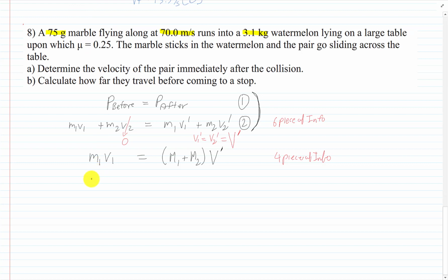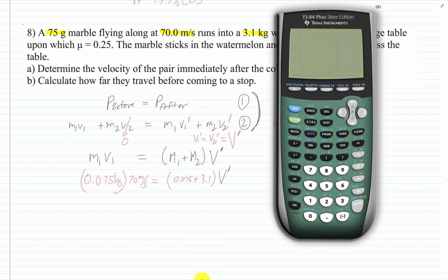Let's go do it. So this is going to be a 0.075 kg marble flying along at 70 meters per second is going to equal 0.075 plus 3.1, and then the unknown, v prime. Up comes Mr. Calculator. 0.075 times 70.